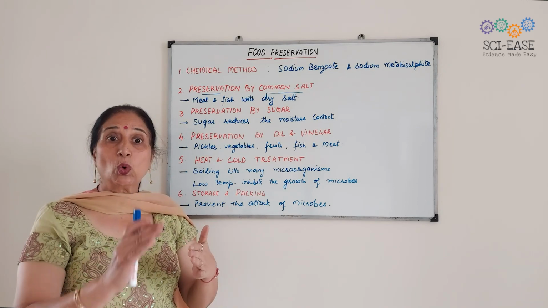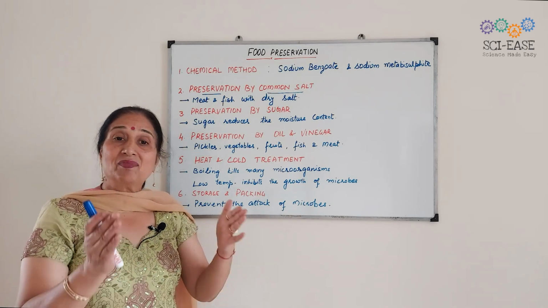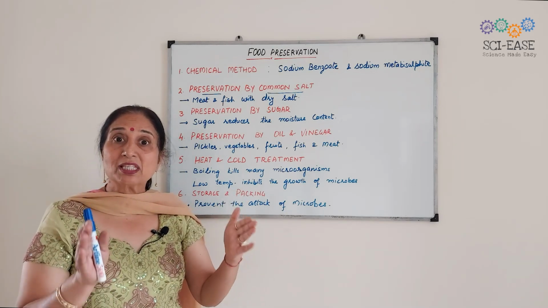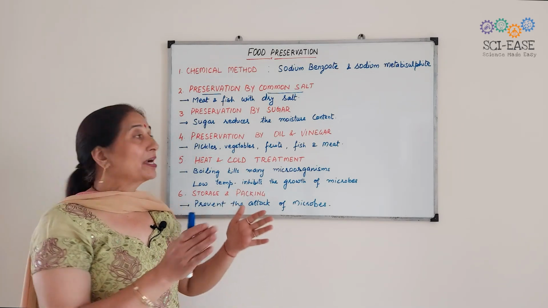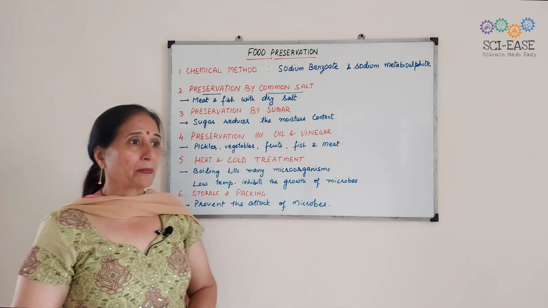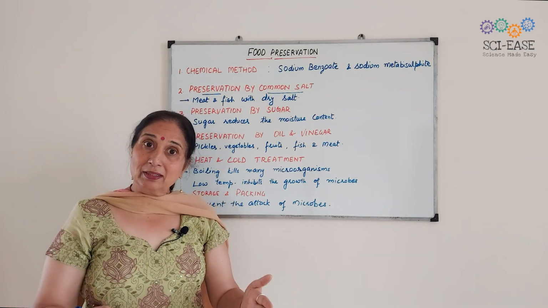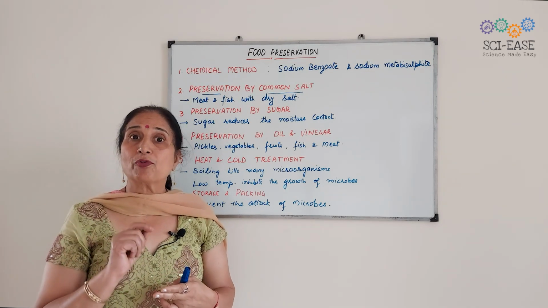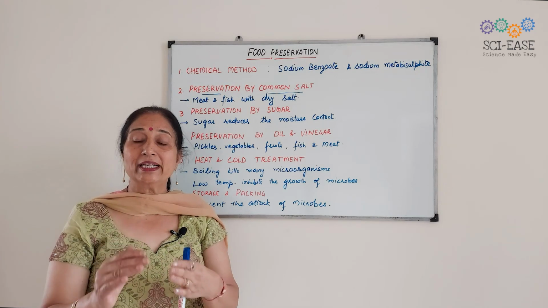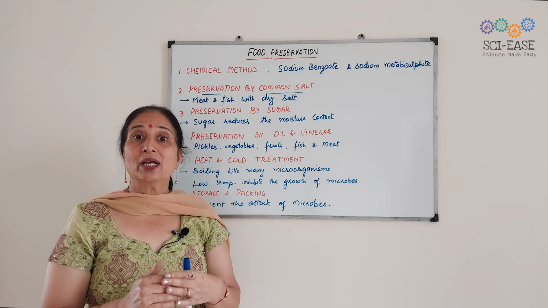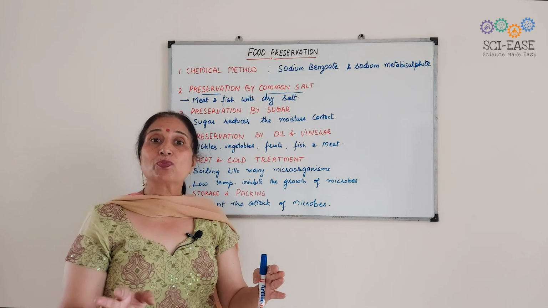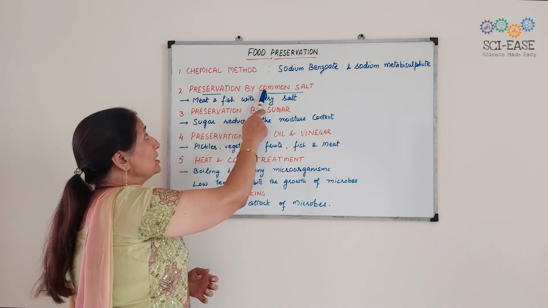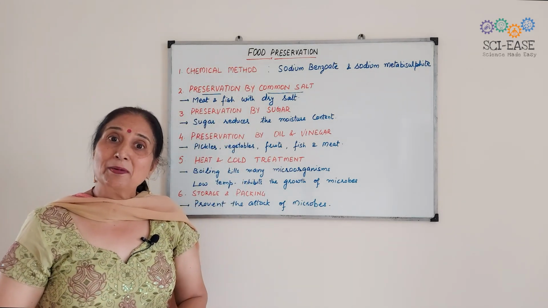If there is a coating, it means they are not exposed to microorganisms, which will not attack that meat or fish. In pickles, etc., there should also be an appropriate amount of common salt. If common salt is in less amount, the pickle will be spoiled. So common salt also acts as a preservative.